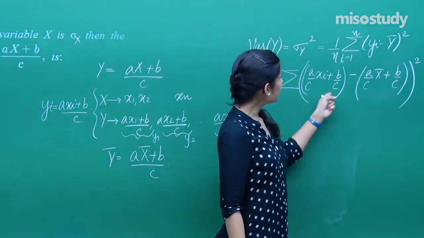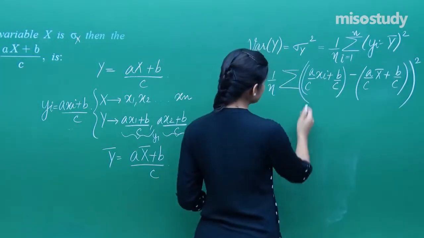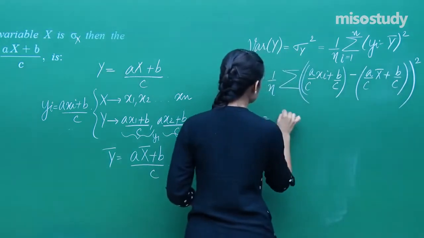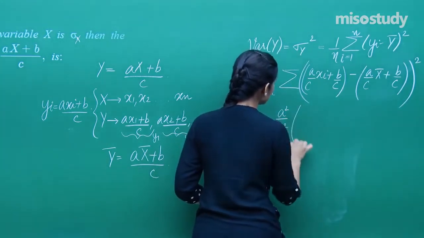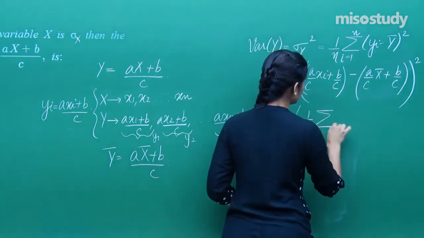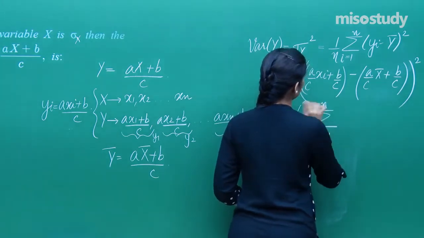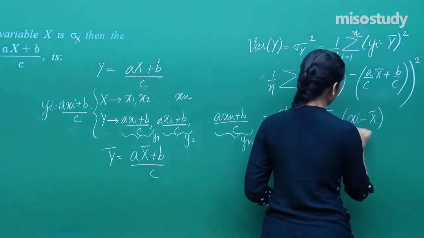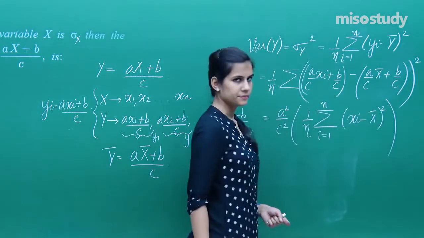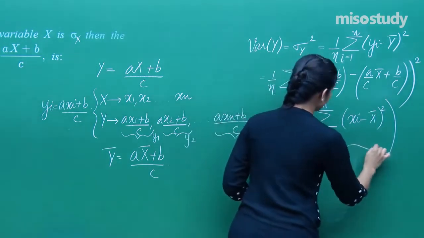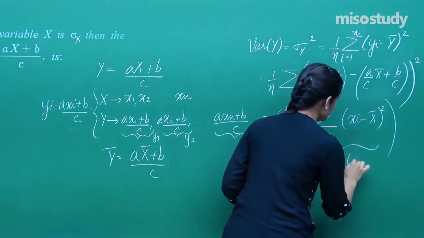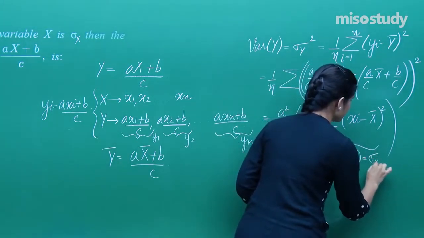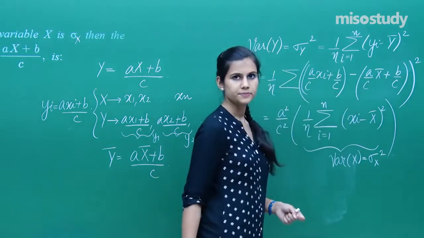Very clearly you can see plus b by c minus b by c gets cancelled, a by c whole square comes out becoming a square by c square, and you are just left with xi minus x bar whole square. And this is nothing but variance of x, which is sigma x whole square.